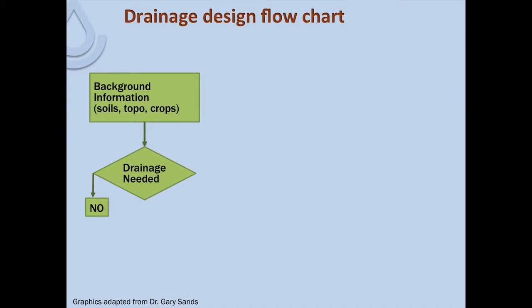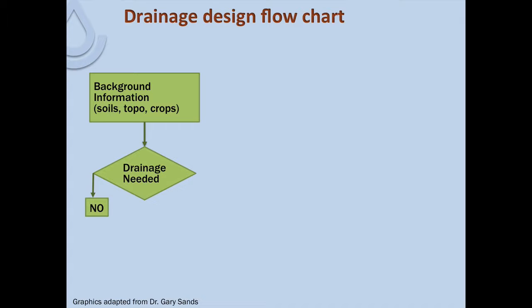So making sure that the drainage concerns are happening frequently enough that artificial drainage is indeed needed, or the best way to address those, versus something that is happening rarely or infrequently where that drainage investment may not be a wise one.